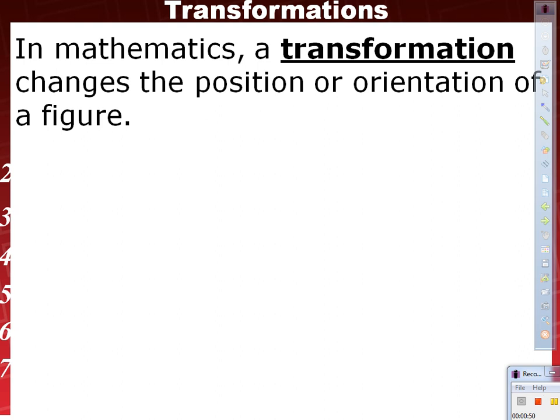I don't want you interacting with anyone. What I just did, I changed orientation. He changed orientation from facing the front. Now he's going to be facing the back for the rest of the semester. That's what a transformation is. Not that he gets in trouble, but that's what transformations are. Okay?